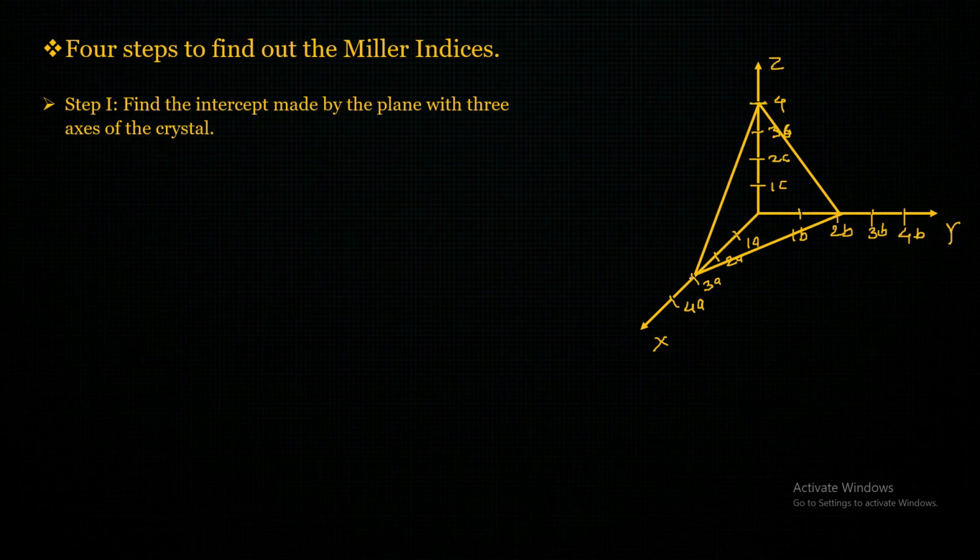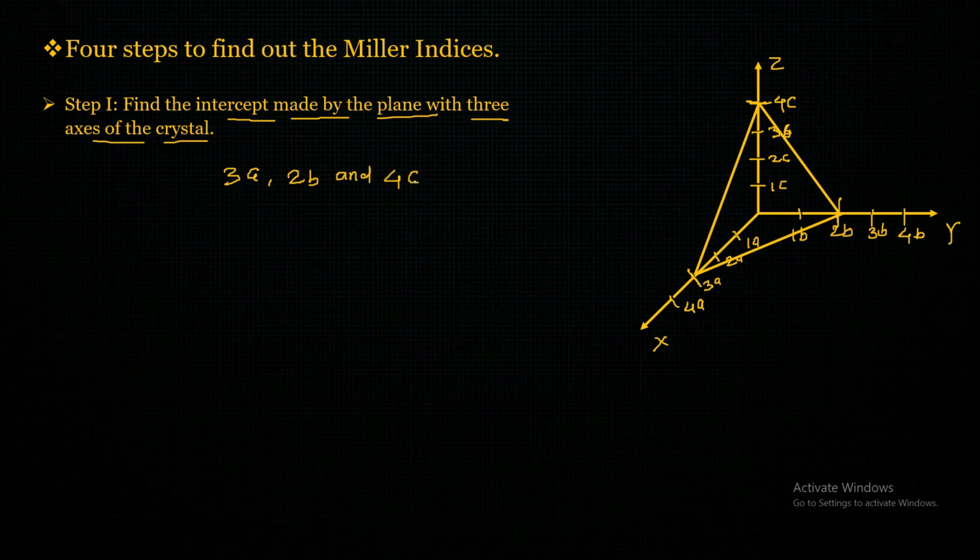Along the x-axis, this is 3a. Along the y-axis, the plane cuts the y-axis at 2b, and along the z-axis, the plane cuts at 4c. It means in this case, the intercepts made by the plane with 3 axes of the crystal are 3a, 2b and 4c.